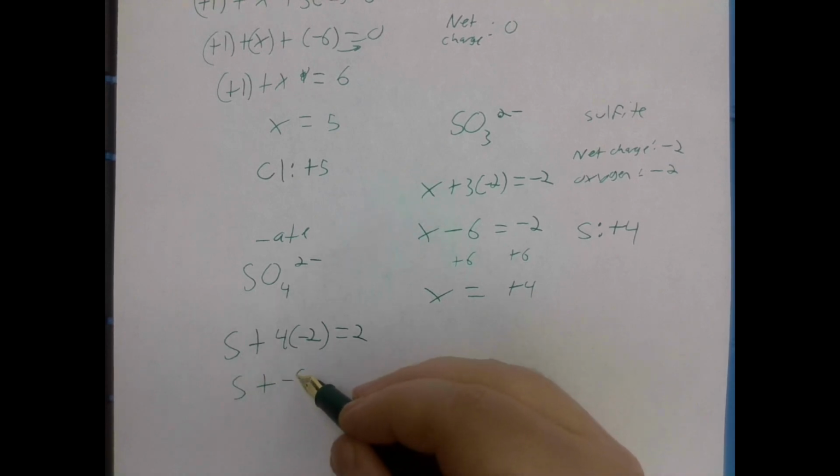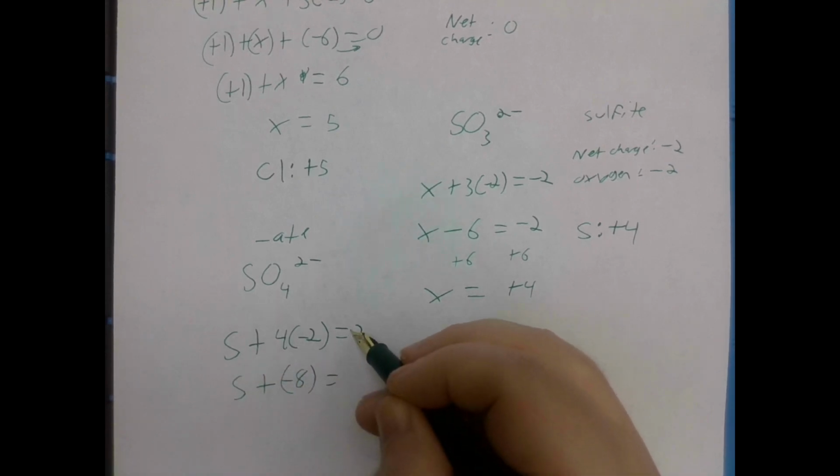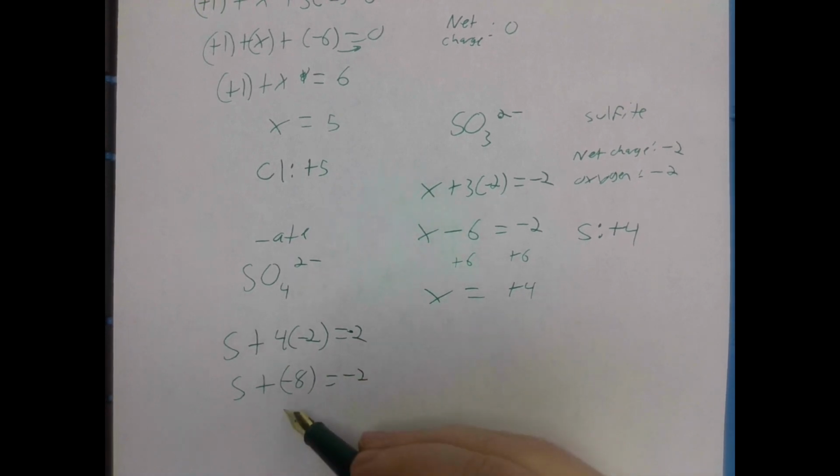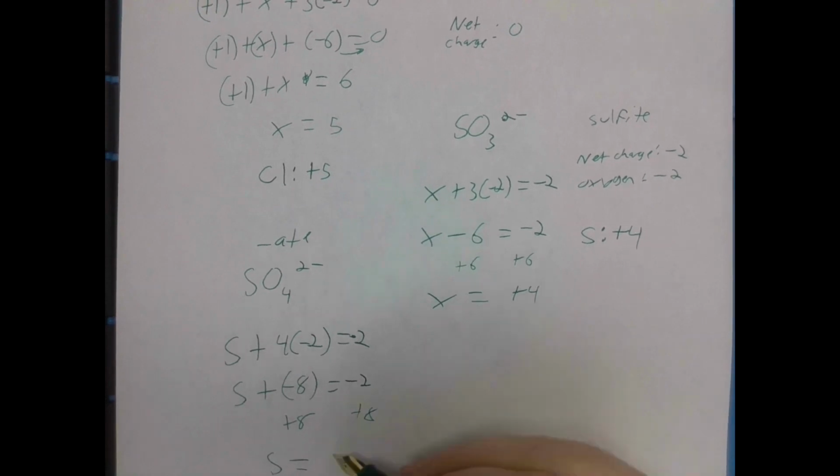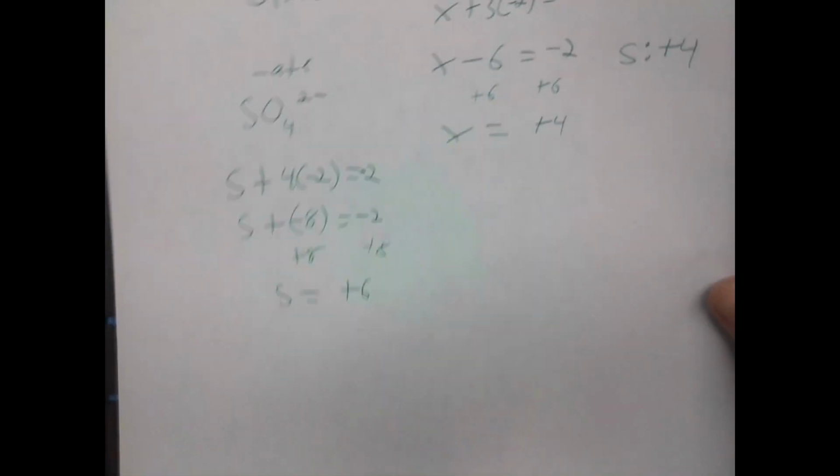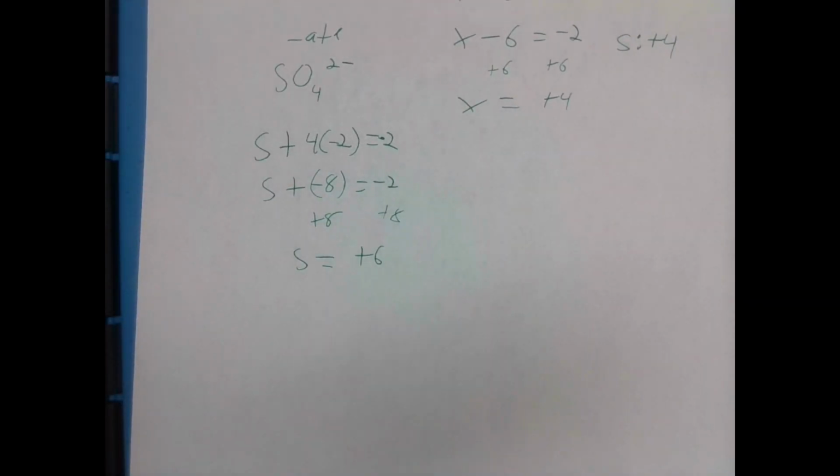Sulfur plus -8 is equal to -2. Adding 8 to both sides, we see sulfur is equal to +6, which is its group number. This doesn't work for the different exceptions, the halogens and groups 7 and 8.